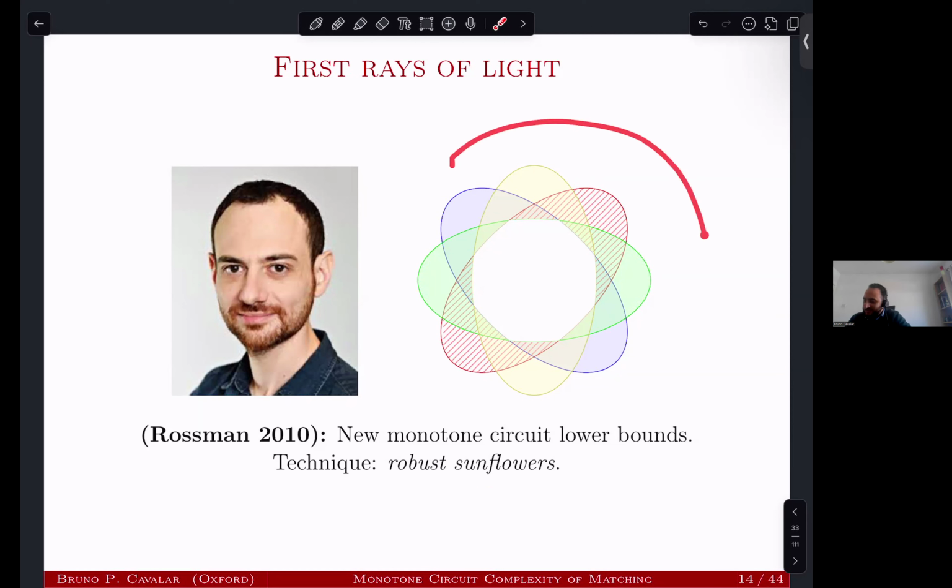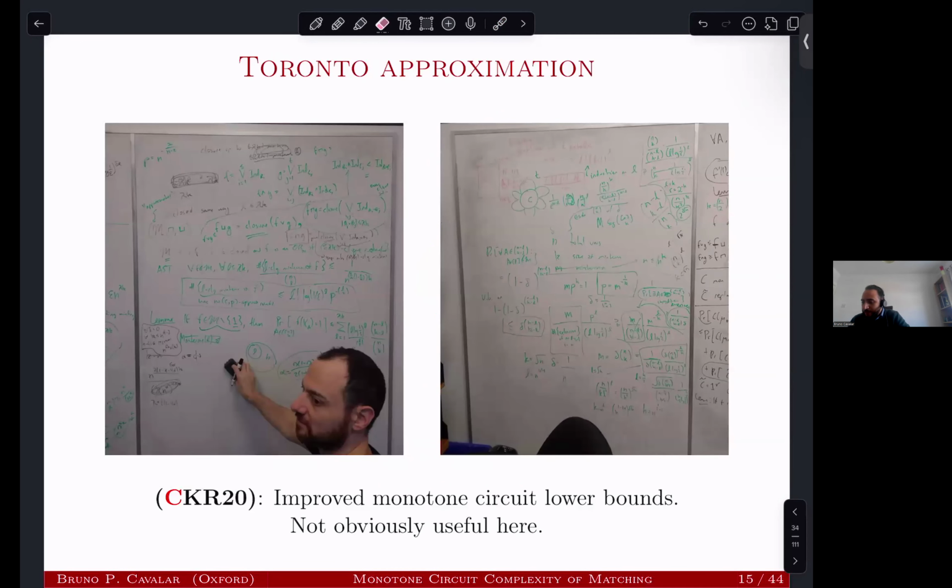So you can think of this like a flower, which is what he introduced, and it became very useful later on in combinatorics as well. And I went to visit Ben like 5 years ago, and together with Mirna, we showed improved monotone circuit bounds. And this is a photo of a whiteboard 5 or 6 years ago. And you can even see some flowers there.